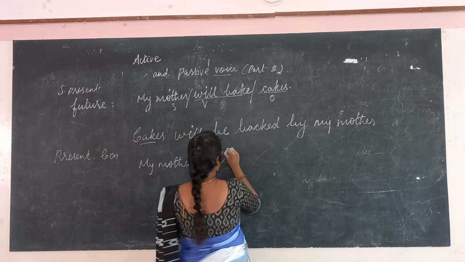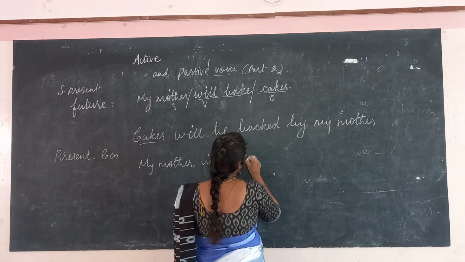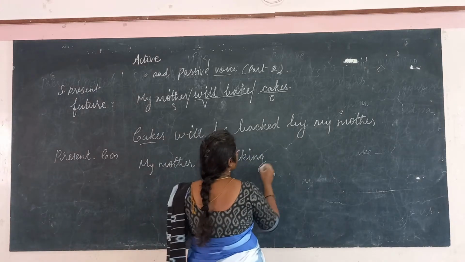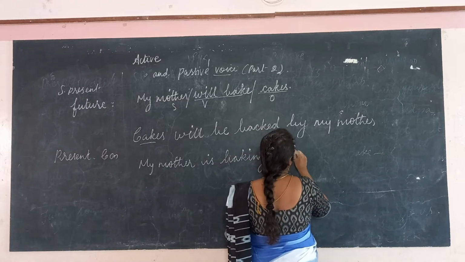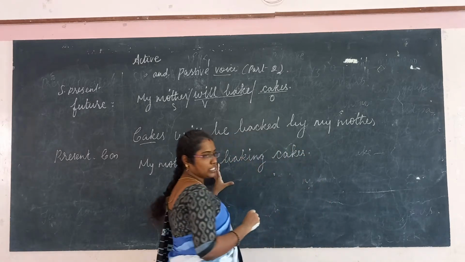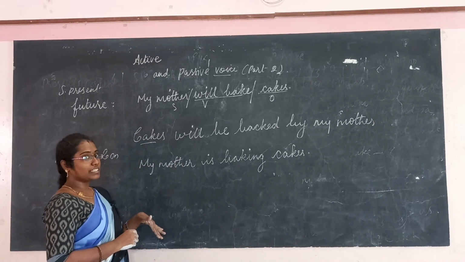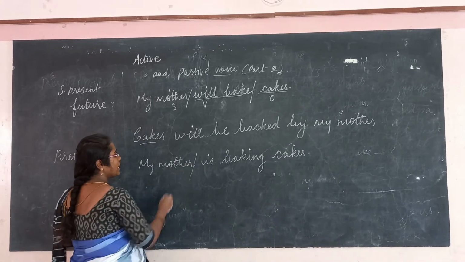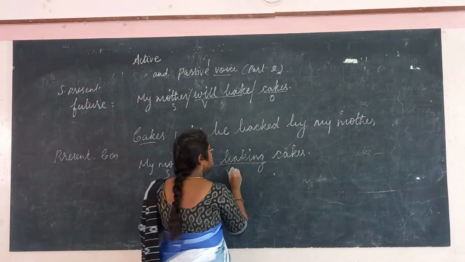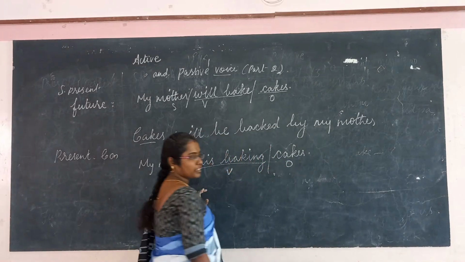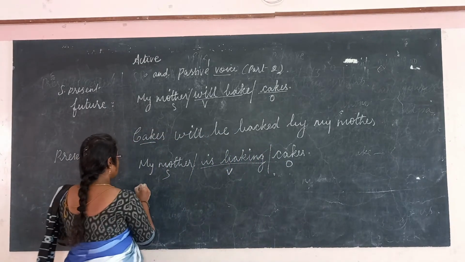My mother is baking cakes. So this is the progressive, present continuous tense. How is it changed into passive voice? Subject, verb and object.